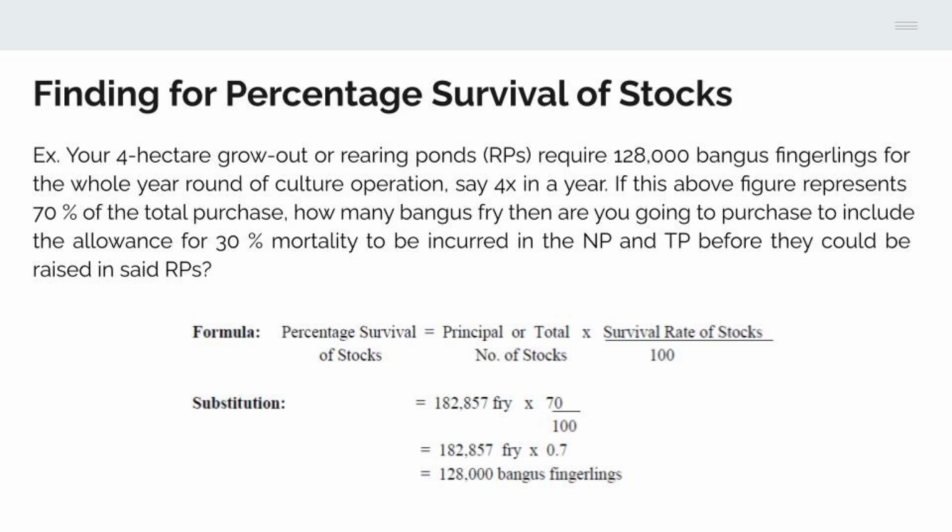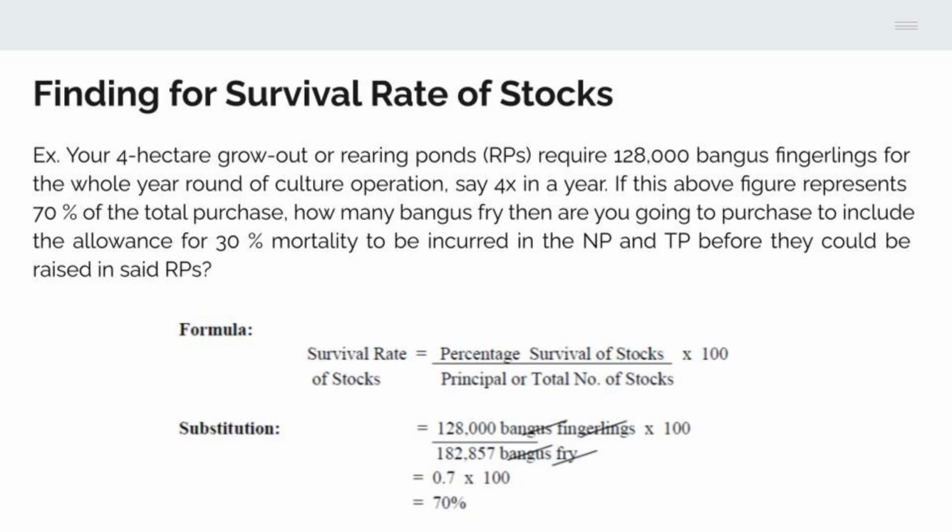So for the substitution, we have 182,857 times 0.7 equals 128,000 bangus fingerlings. This confirms that 128,000 fingerlings survived from the initial 182,857 fry purchased.